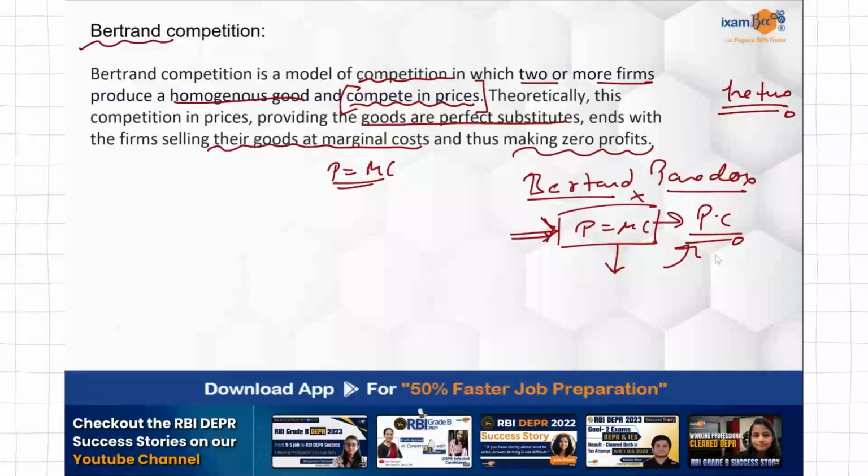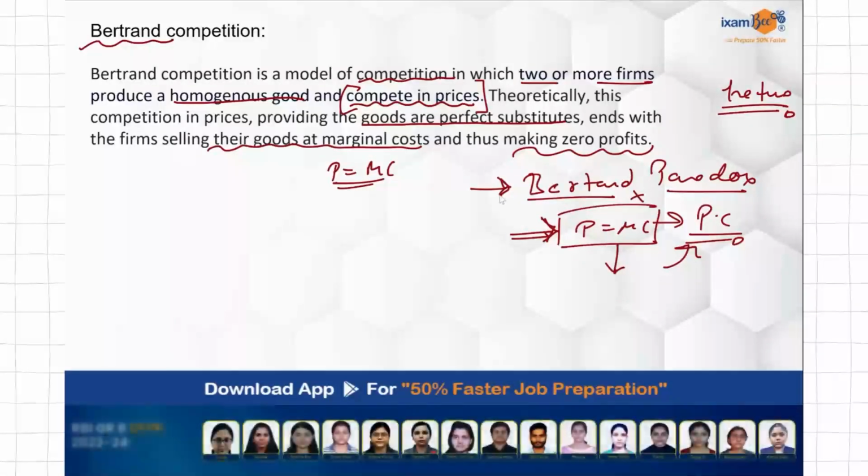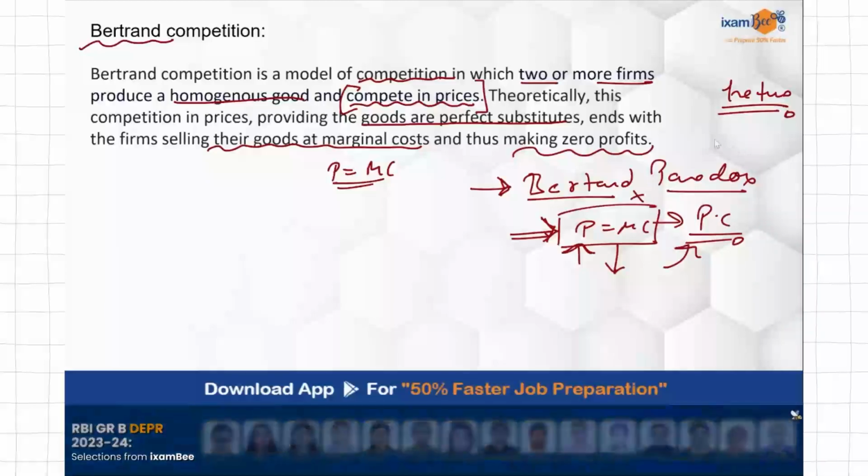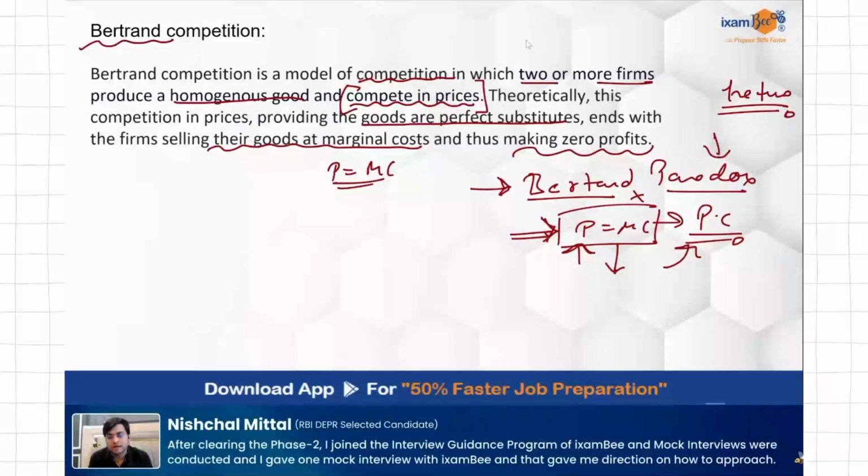But in perfect competition, we know there are a huge number of sellers, whereas in Bertrand there are only a few. So this is known as the paradox: given that we have few sellers, even then we are charging price equals MC. This is the Bertrand paradox.